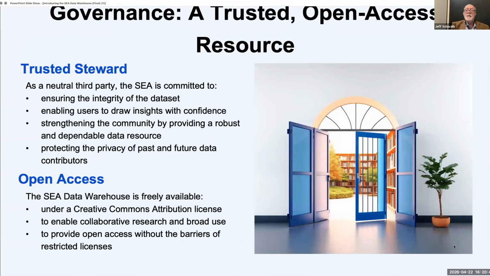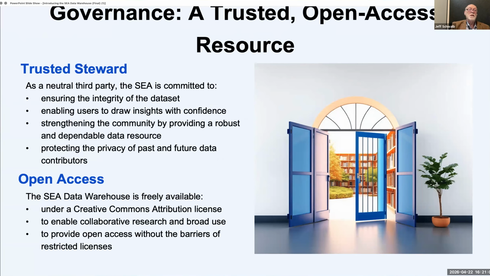So let's go to the next slide and talk about how we, the Software Excellence Alliance, fit into this. As was mentioned, the Software Engineering Institute spent more than a couple of decades collecting this data. They've given it to us as a trusted source or steward of this data.